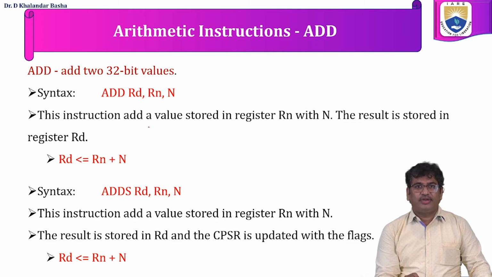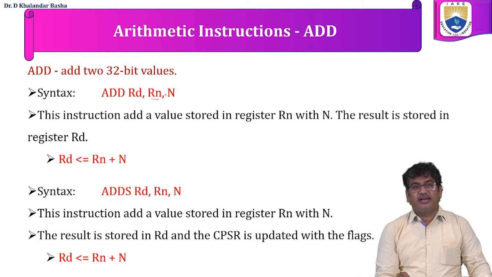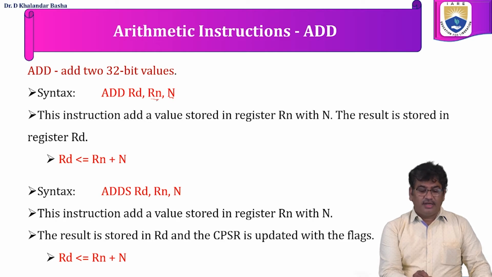I will show with examples how to use the condition as well as S. This instruction adds the value stored in the RN register with N. The resultant sum of RN plus N will be moved into the RD register. So the functionality can be written as the expression RD = RN + N.